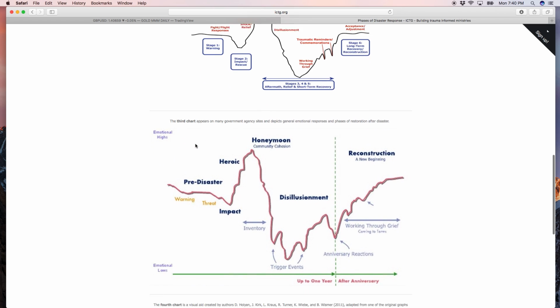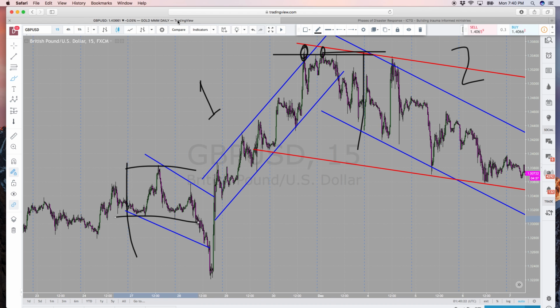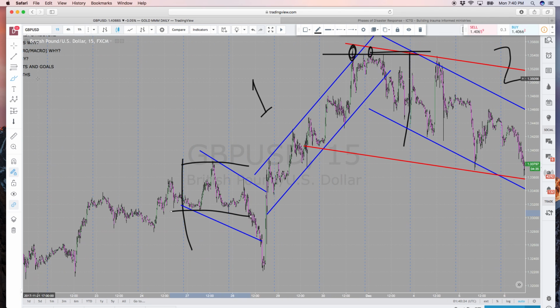I guess it's the same thing. All right. We have the pre-disaster, the consolidation, the fake out, and then the real move, right, to the downside. This is the exact same thing, but just the opposite. We have the consolidation here, the fake out to the downside, and then we go up.